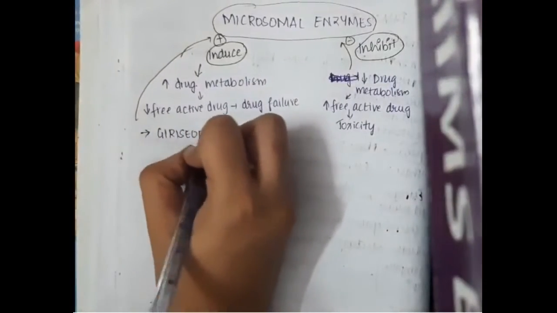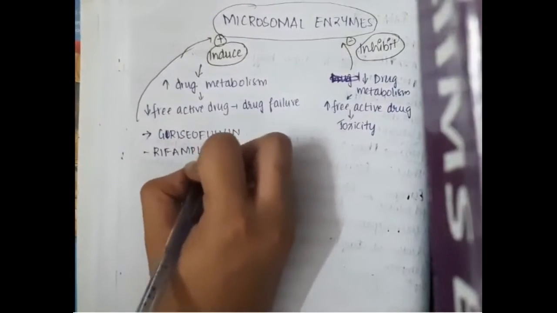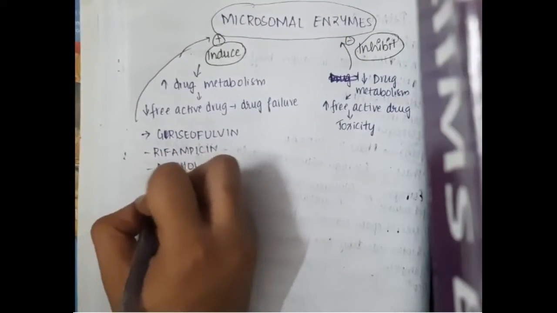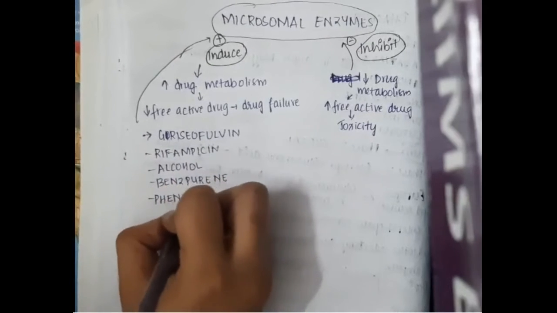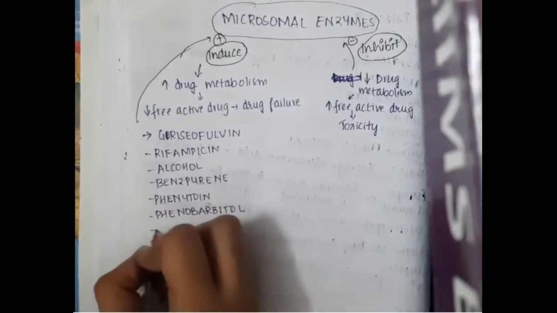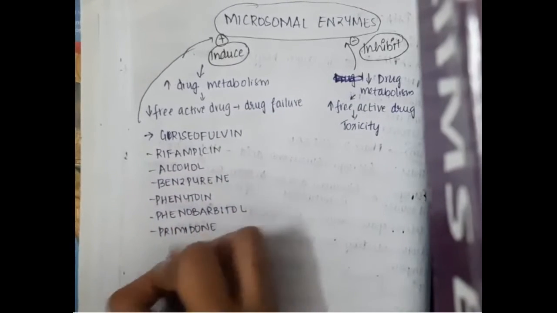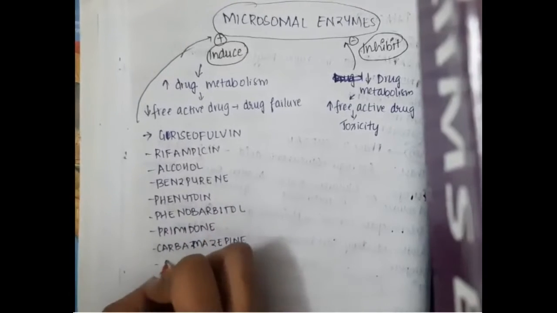Drugs which induce microsomal enzymes include griseofulvin, rifampicin, alcohol, benzopyrene, phenytoin, phenobarbital, primidone, carbamazepine, DDT and St. John's wort. So these drugs will induce the microsomal enzymes.